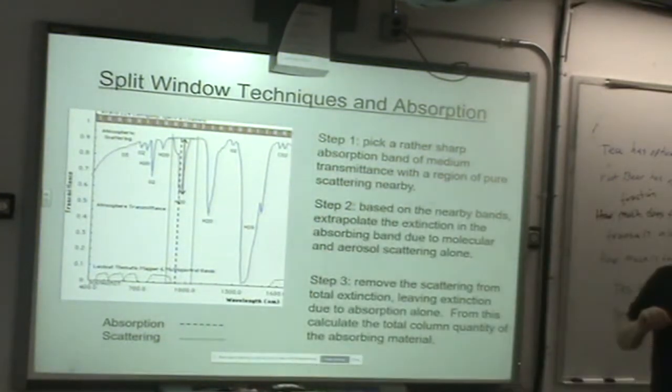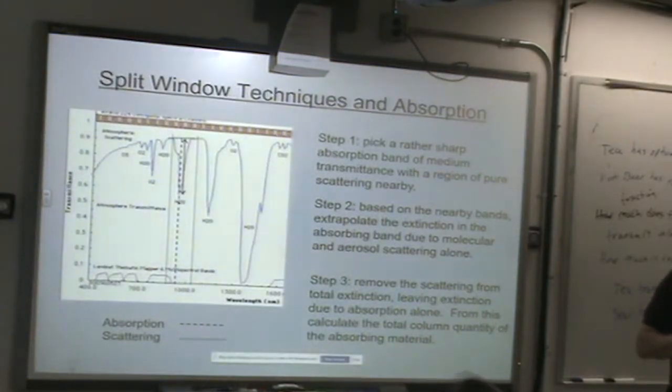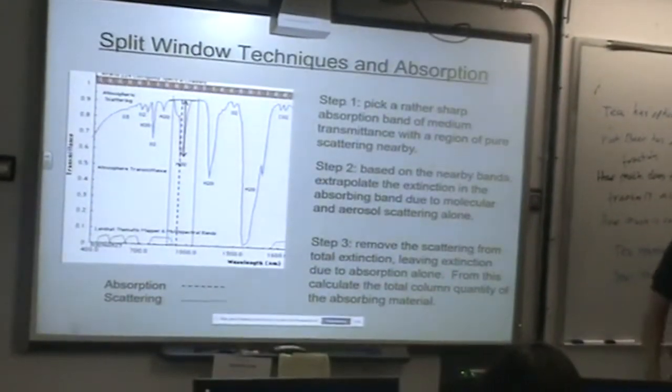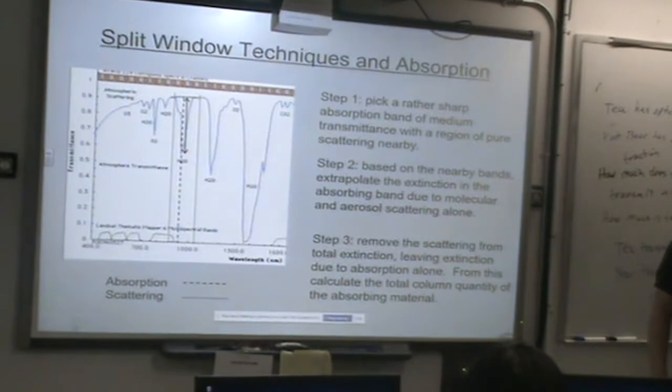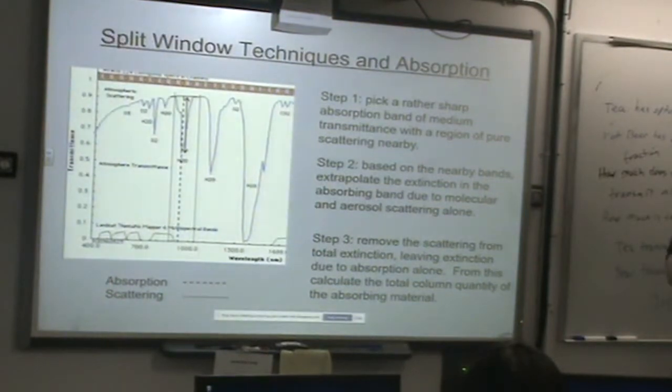You're not going to completely understand this until we do it, so guess what? We're going to have to do it. This is something called the split window technique. It's used with intensities all the time in remote sensing, where if you're trying to measure absorption in one place, you measure right next to the absorption and say, that will tell me how much I need to correct.